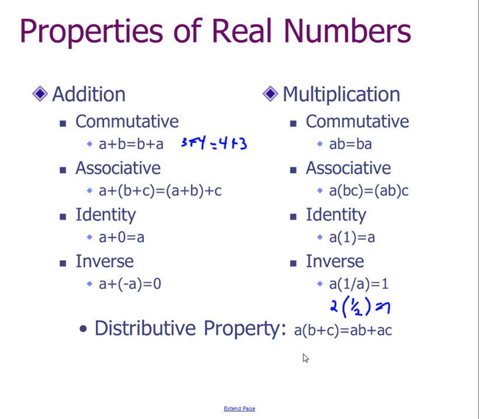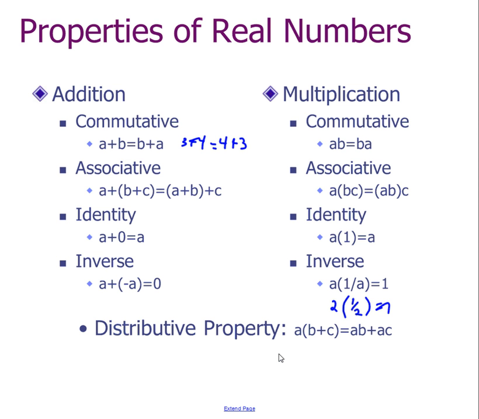Finally, we have the distributive property, which combines multiplication and addition, and it says that if we multiply a quantity times the sum of two numbers in parentheses, we can distribute that multiplication to both terms in the parentheses.